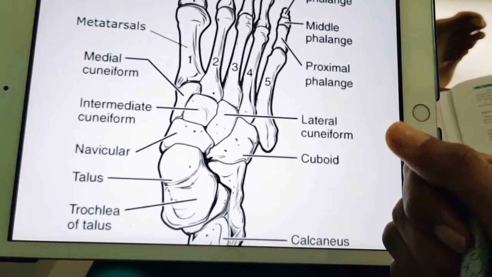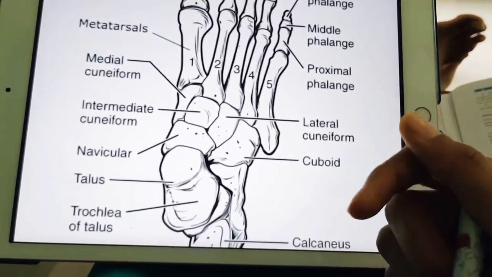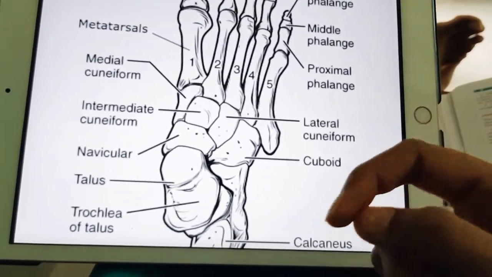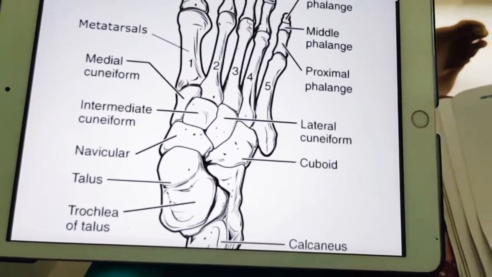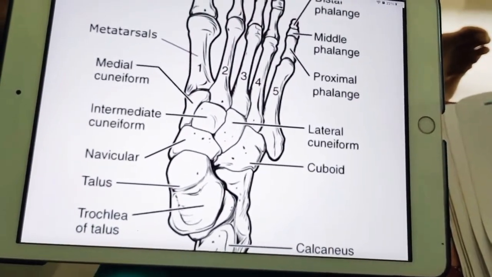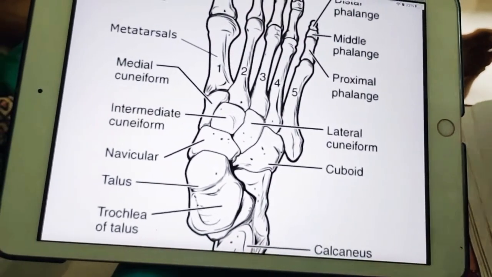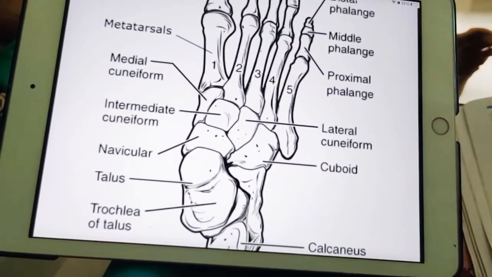So remember, each cuneiform bone has only one center: first year in lateral, second year in medial, third year in intermediate. So this is all about the different points of the cuneiform bones, medial, intermediate, lateral, their side determination, features, attachments, and also ossification. Next we'll start with the cuboid bone.